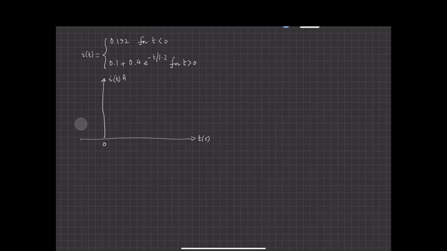It's sitting at 0.192. Now the switch is switched from A to B, and the current through the resistor jumps to 0.5.